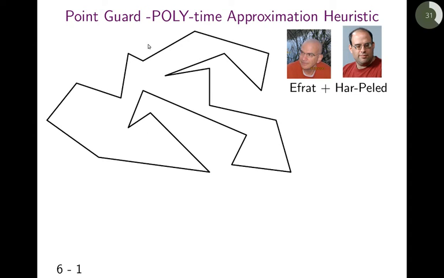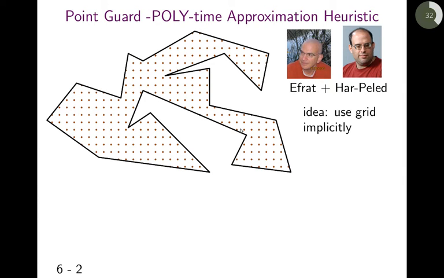The other algorithm is by Efrat and Harpalet. Here's Efrat, here's Harpalet, and their algorithm runs in polynomial time. It is an approximation algorithm, but I call it here heuristic because it doesn't give approximation guarantees in terms of the actual optimal solution. Their idea is to use a grid, but they don't store it explicitly.